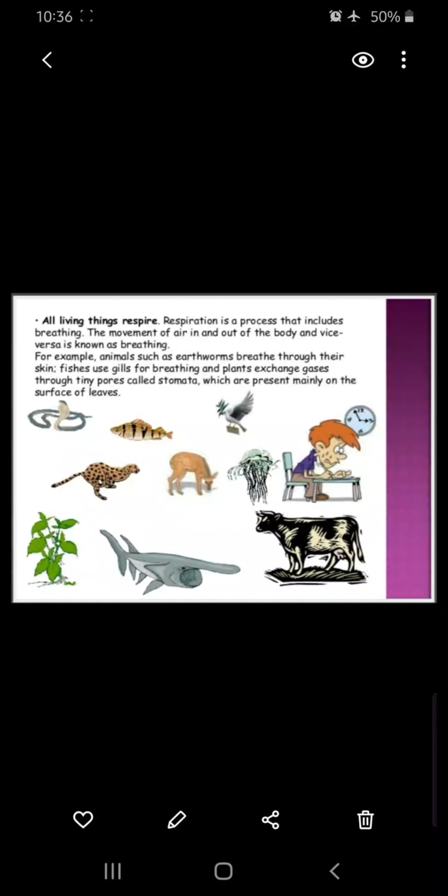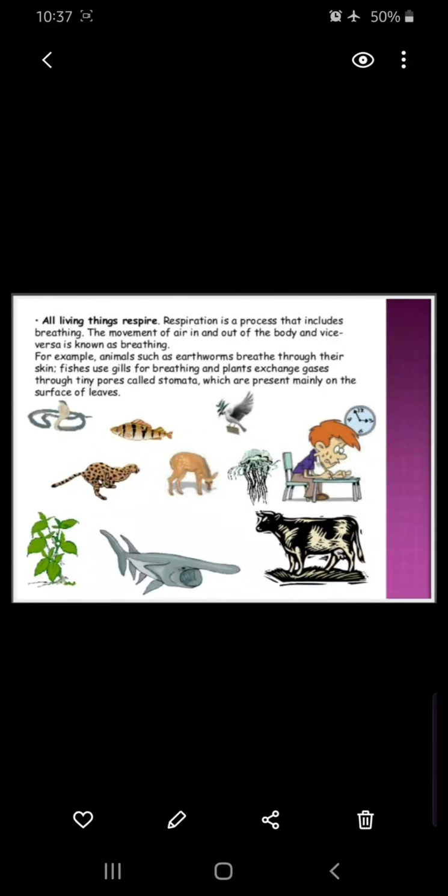As we all know, living things respire. Surely, it is one of the characteristics of all living organisms. But there is a lot of confusion between respiration and breathing.